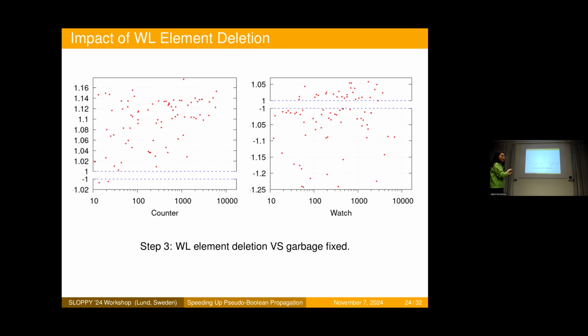So when we apply the change, we can see that most points are good, but there are not many for watch because the watch list is already very short. Since we want to keep both types of propagation method in a single system, and there are more good points, we will keep this change.